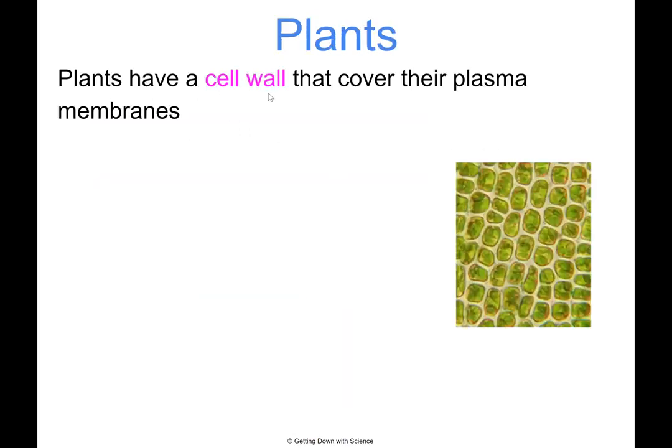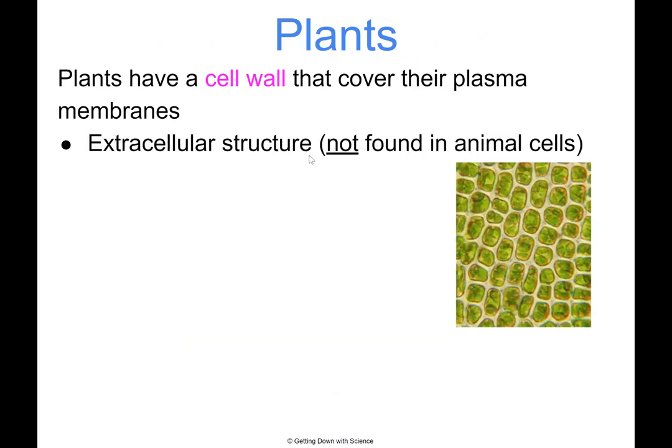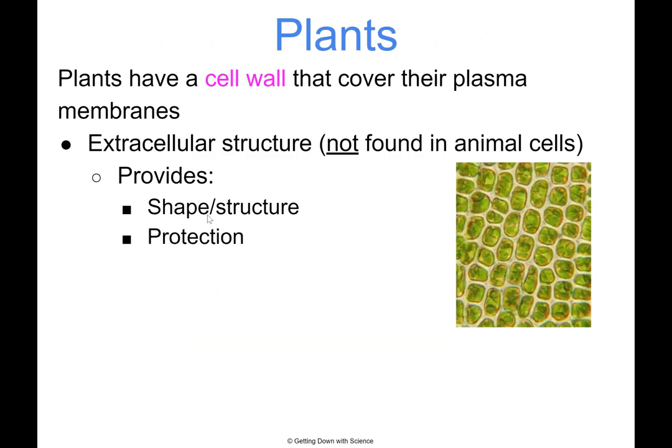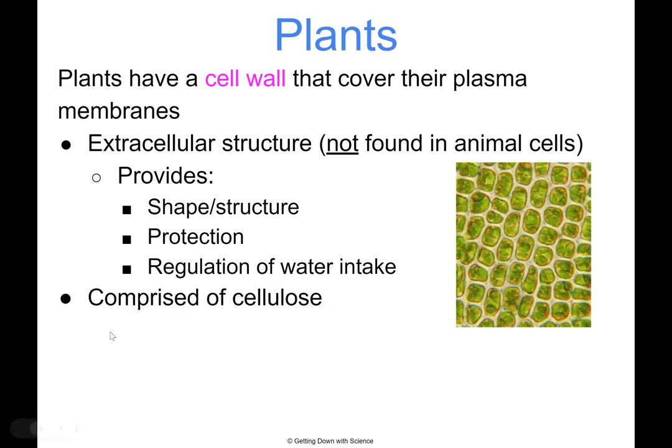So with plants, we have a cell wall covering that plasma membrane. Remember, that gives them a more formal structure. That extracellular structure is not found in animal cells, so we do not have cell walls. It gives shape and structure. It also provides protection for the plant, and it helps regulate water intake.